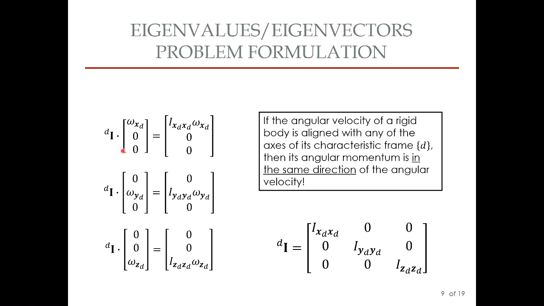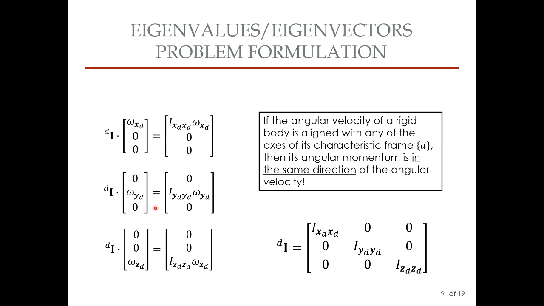And in addition, what is this lambda here? If this is omega, and this is your h, the scalar is this ixx if it is omega in the x direction. So the scalar is ixx if omega is directed in the xd direction.